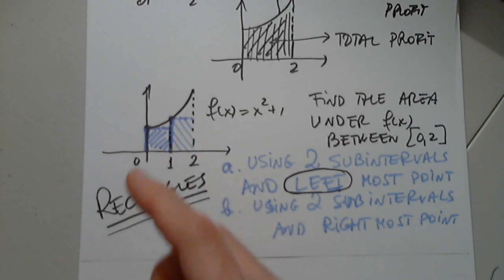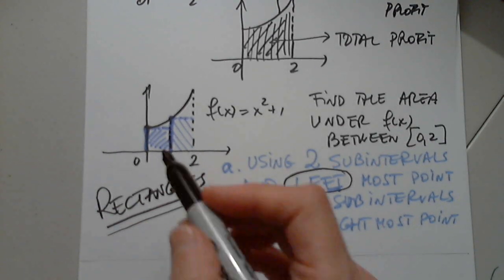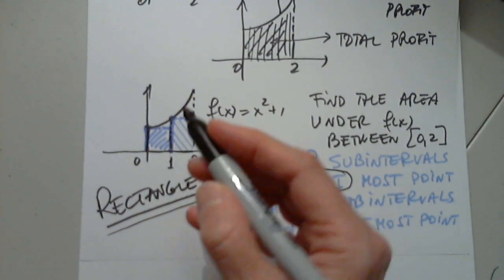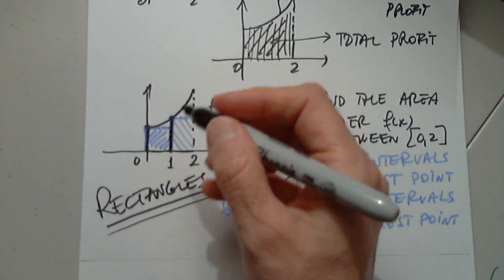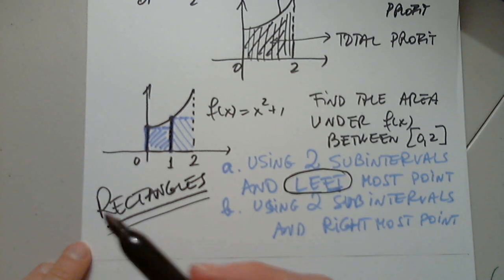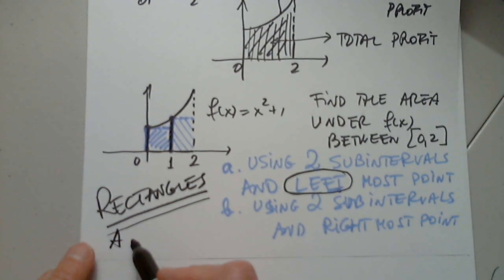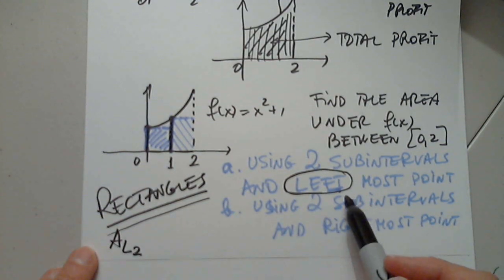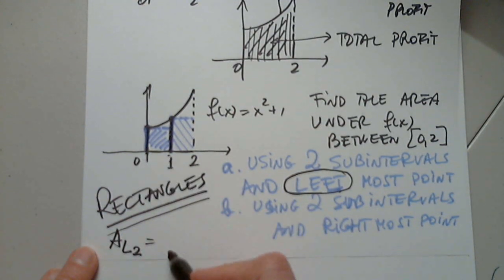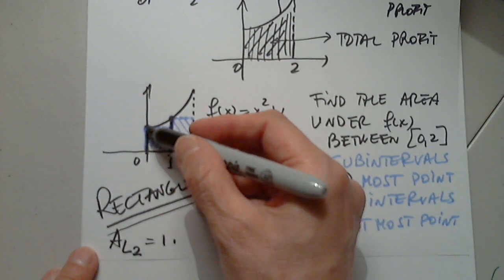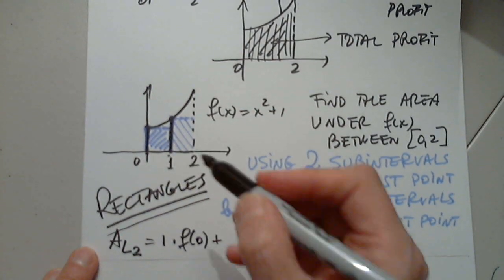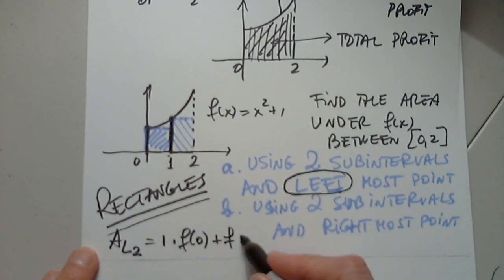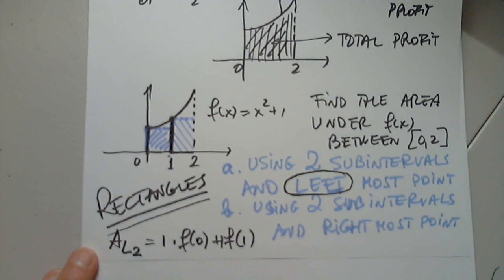When I calculate these areas, very simple. Base times height plus base times height. So the area of these two rectangles, the area with left 2 subintervals, is base, which is 1, times f of 0, plus base, which is 1, times f of 1.